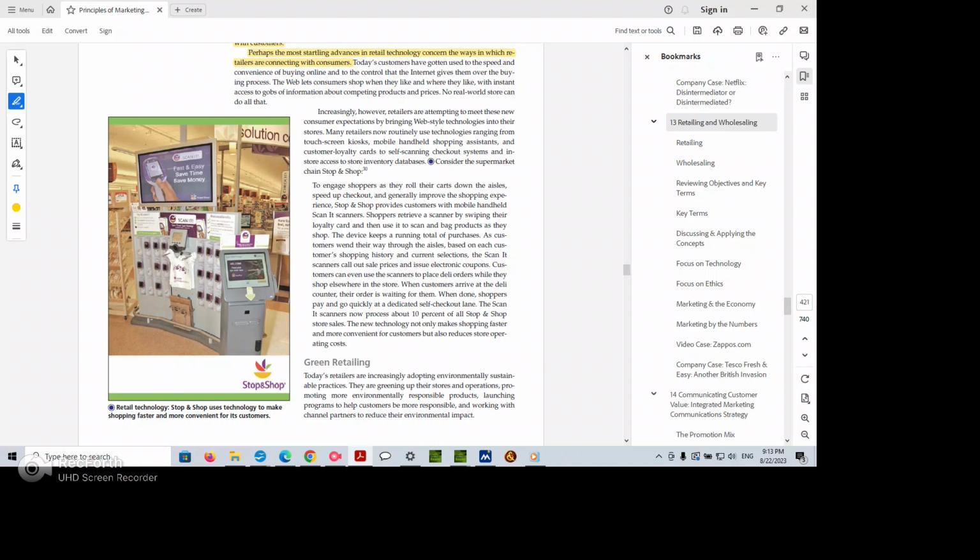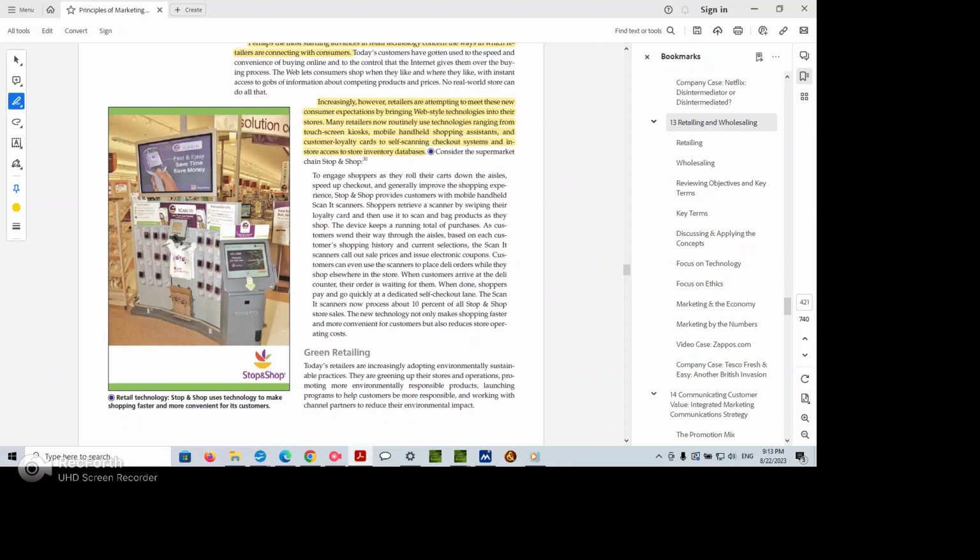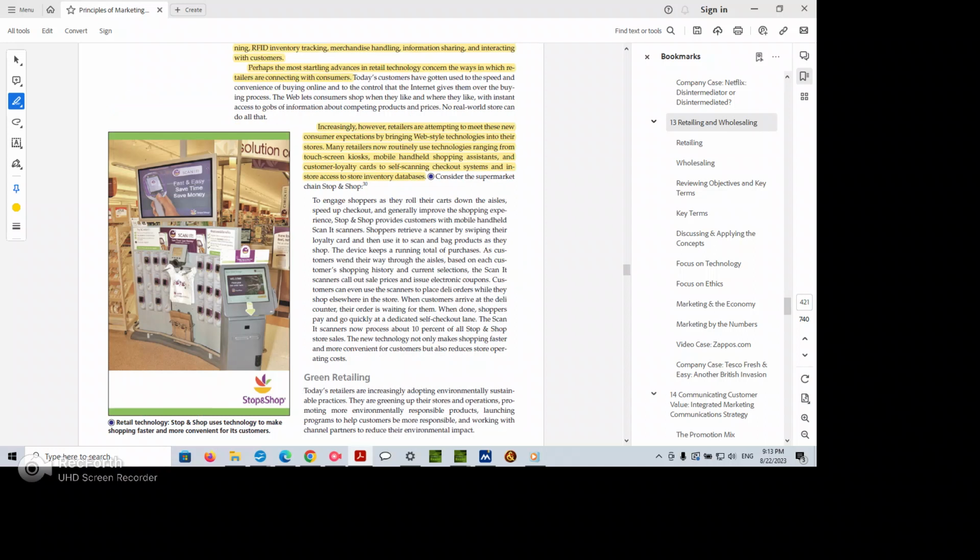These retailers now routinely use technologies ranging from touchscreen kiosks and mobile handheld shopping assistants and consumer loyalty cards to self-scanning checkout systems and in-store access to inventory databases, which is quite the range. To engage shoppers as they roll their carts down the aisle, to speed up the checkout and generally improve the shopping experience, Stop & Shop provides customers with mobile handheld scanners.